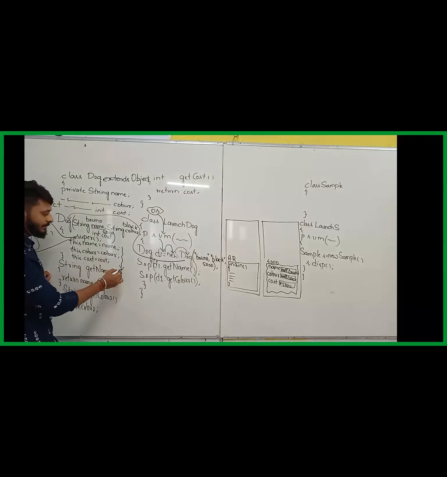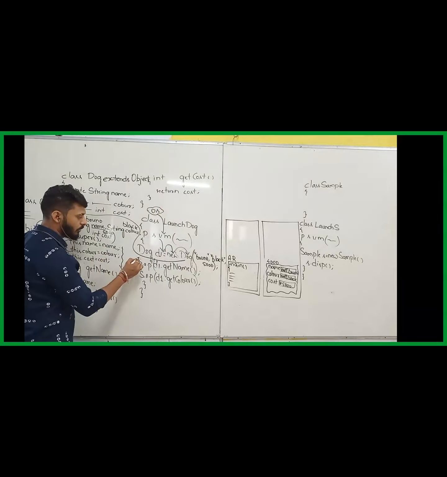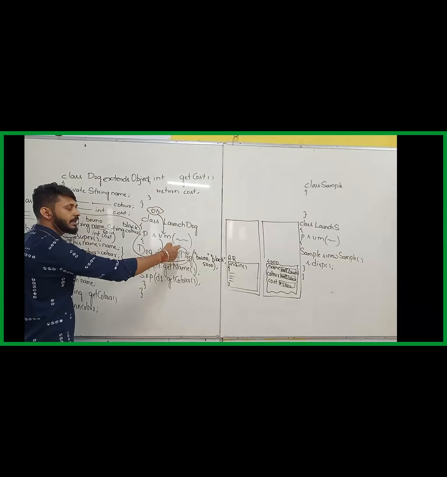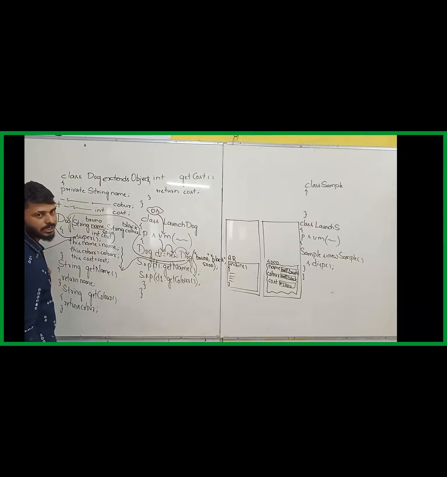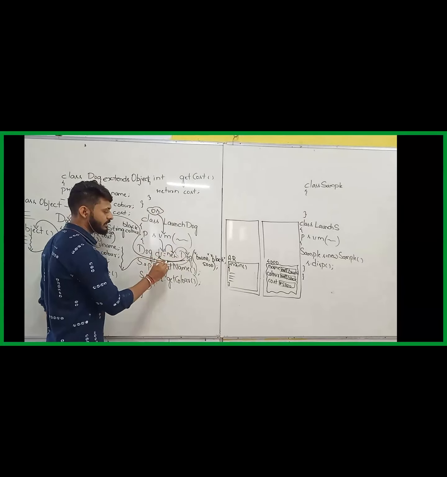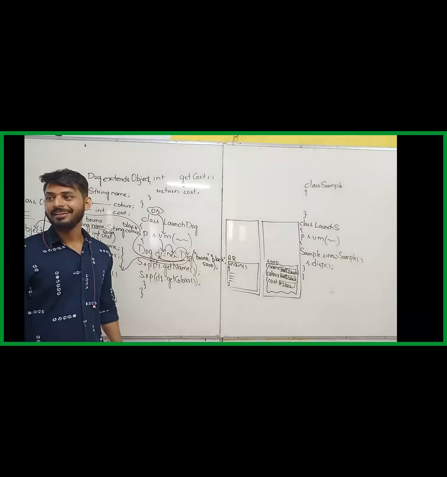Once all the statements are executed here, control will go back to where it came, that is here. And is there any other task left out on the right side? No. If there are no more tasks left out, then it will come towards the left side. Okay. Once it comes to the left side, what will happen?